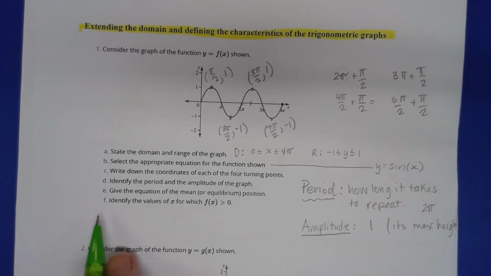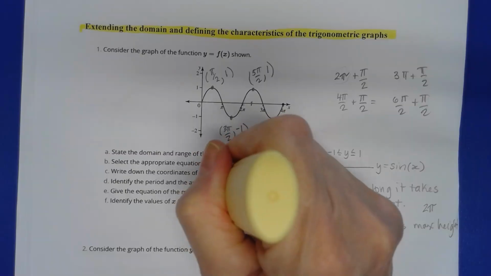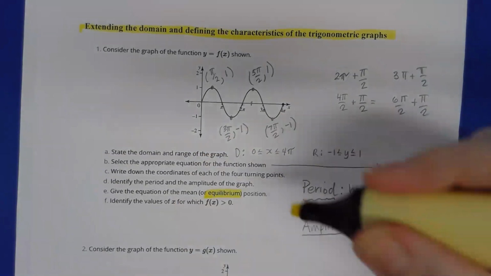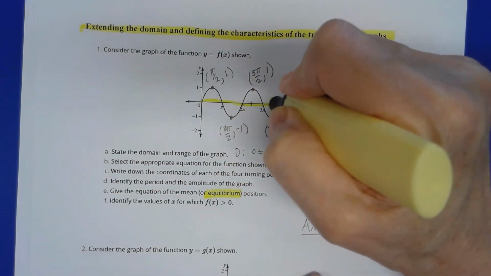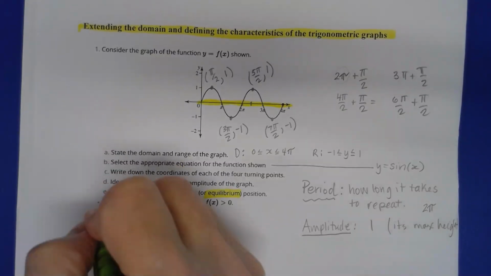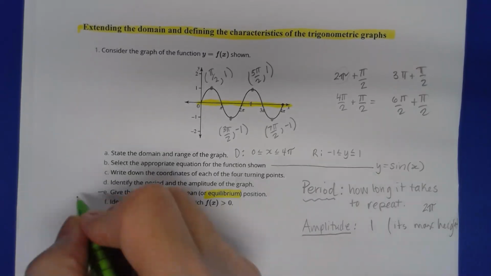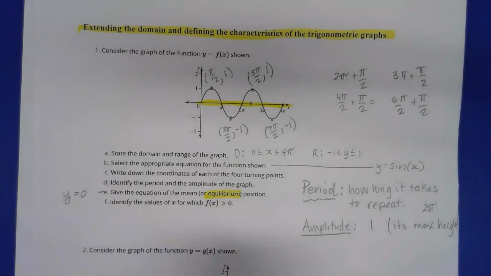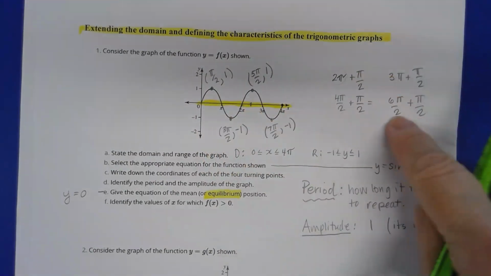And then here it says, give the equation of the equilibrium, that's the word we're going to use, position. Equilibrium. It's where it's kind of oscillating about the x-axis. What is the equation of the x-axis? Y equals 0. Okay? So the equilibrium position is the thing that it's going around.